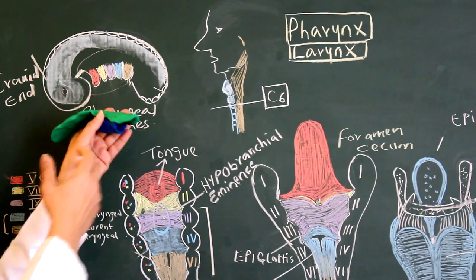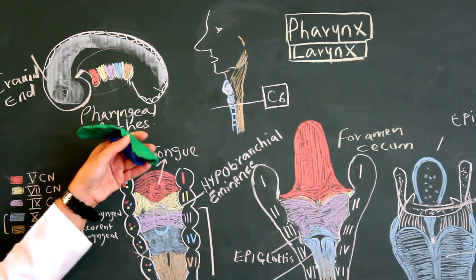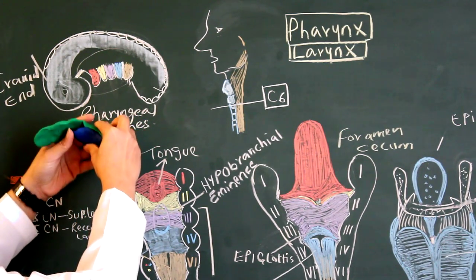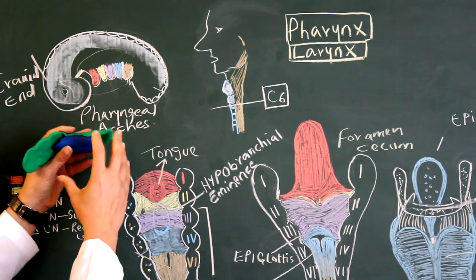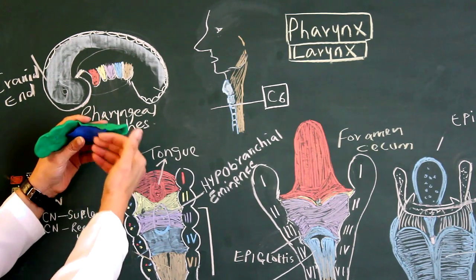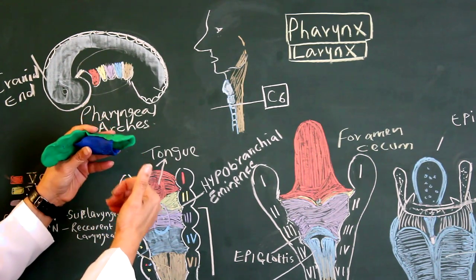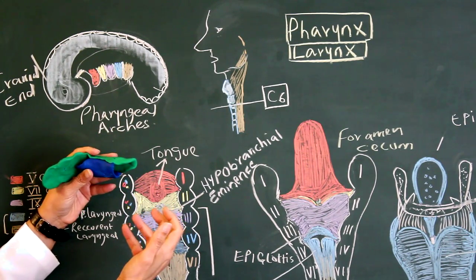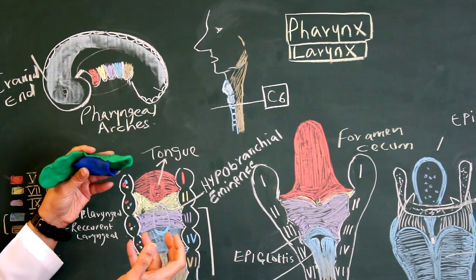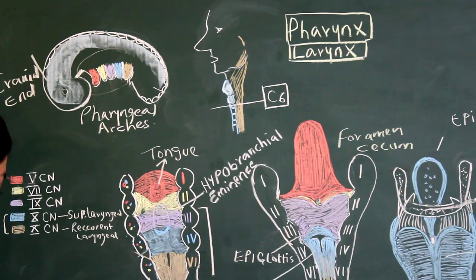In the 4th week of intrauterine life, the ventral walls of the 4th and 6th arch will be giving rise to the laryngeal structures. How? Let's have a look.